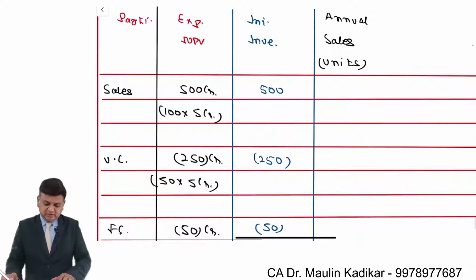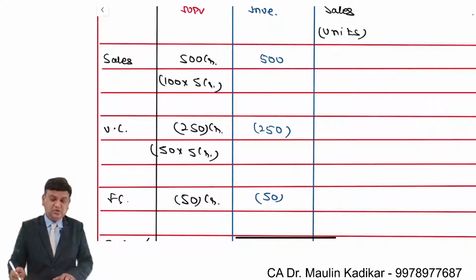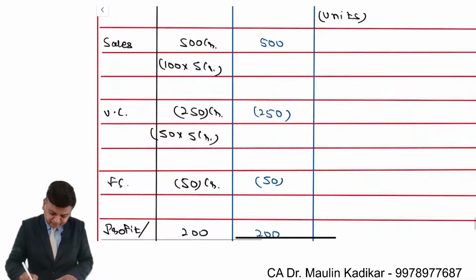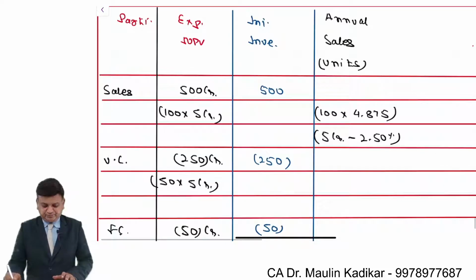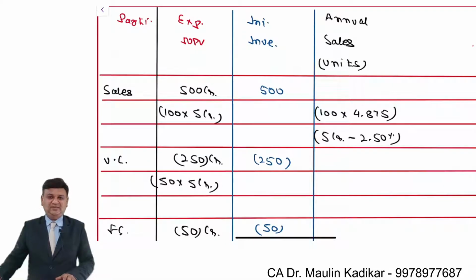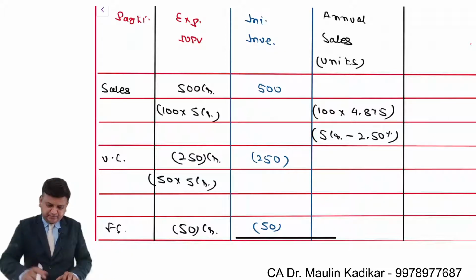So what will happen, friends? 5 crore minus 2.5%, so 4.875 crore. 100 into 4.875 crore. So 5 crore minus 2.5 percentage, and so on we are required to write. So we understand that 5 crore minus 2.5%, 4.875 crore into 100, so it is 487.5 crore.